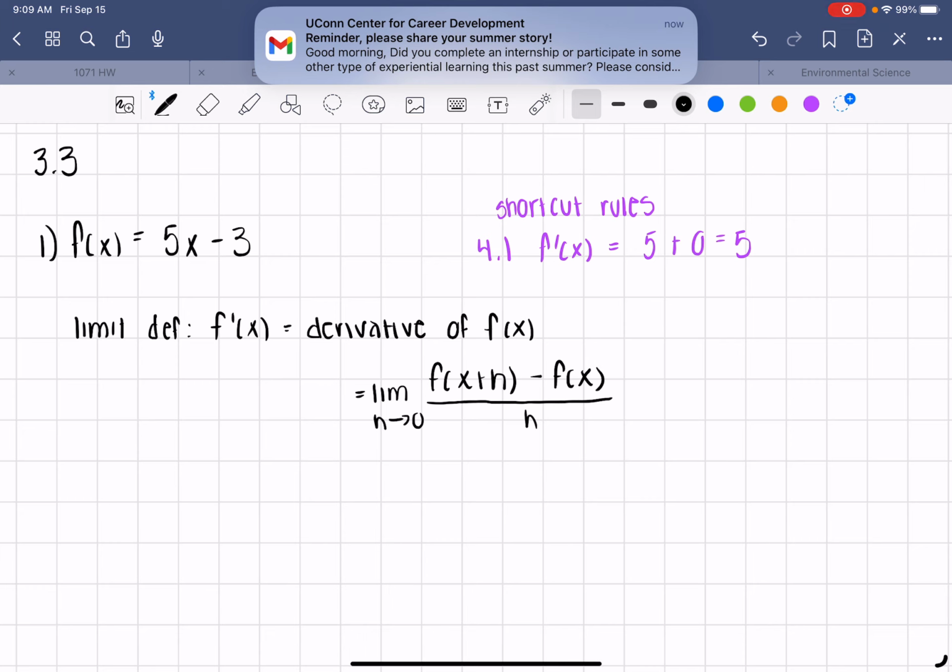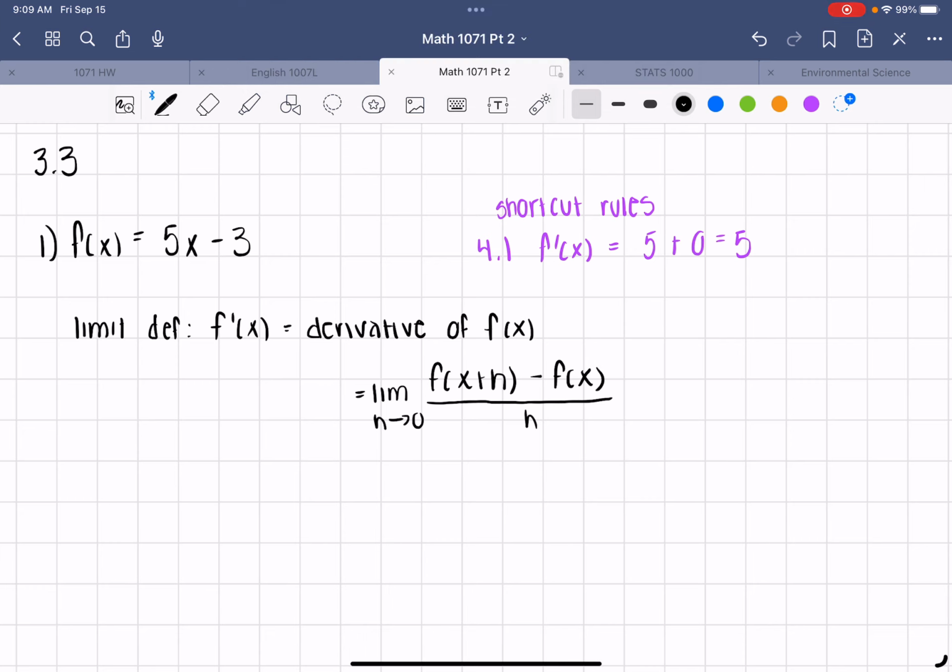So first thing we do is let's apply the function. And here again, I just remind you, what is a function? It's a set of instructions. It says 5 times it, subtract 3.